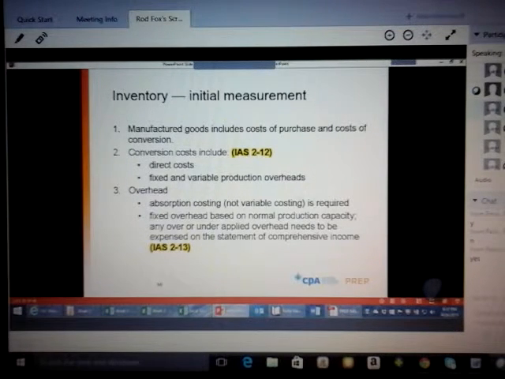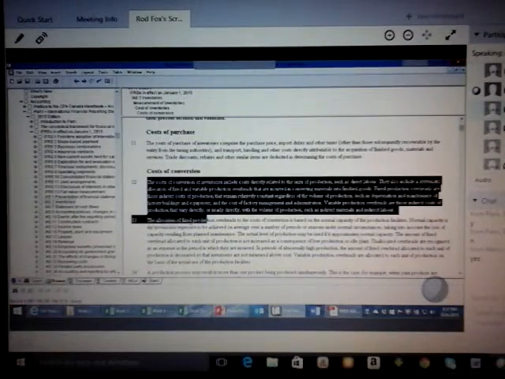But with management accounting, we look at manufacturing a product instead and then selling it. So these definitions are discussed throughout management accounting, but if you want to look at them, you can go to IAS 2 and 13, and get the definition from there as well.